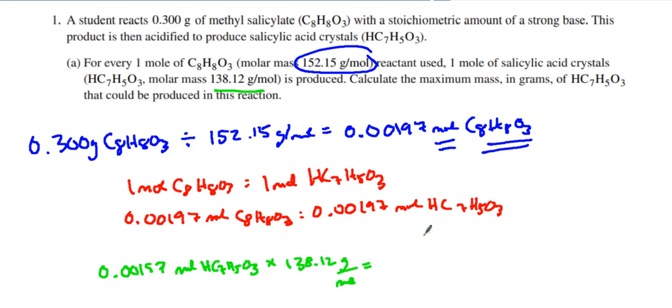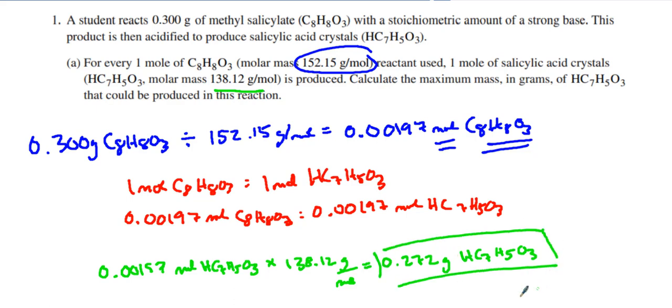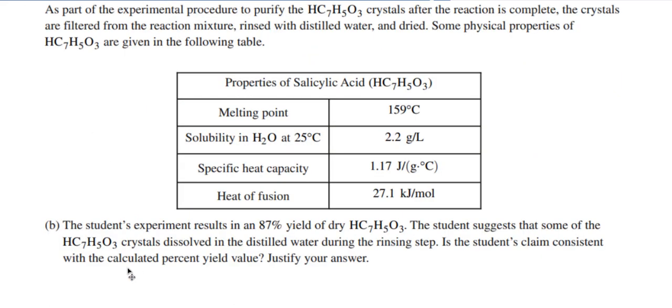It makes it clear in your brain, and you can do any type of problem. We get 0.272 grams of HC7H5O3, and that is my answer. That is my product. Okay? And so that was a nice little stoichiometry problem to start off the test.